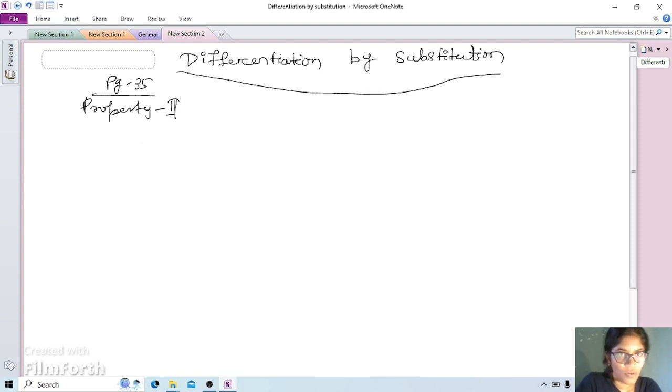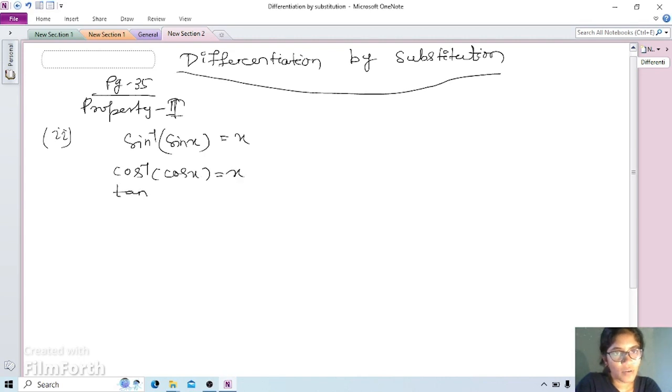The formulas are: sin inverse sin x is equal to x, cos inverse cos x is equal to x, tan inverse tan x is equal to x. Here there are some restrictions.